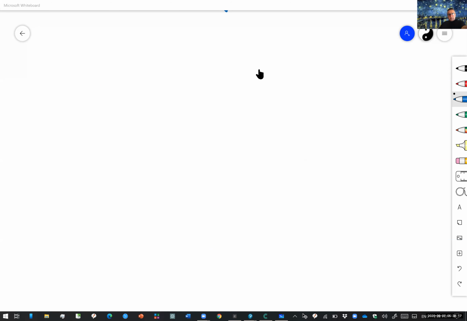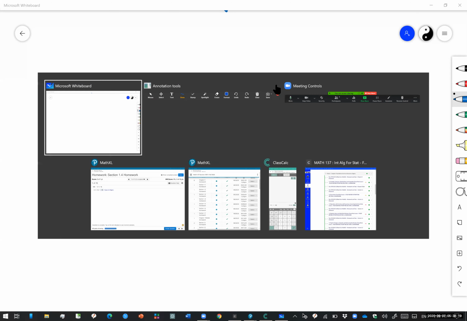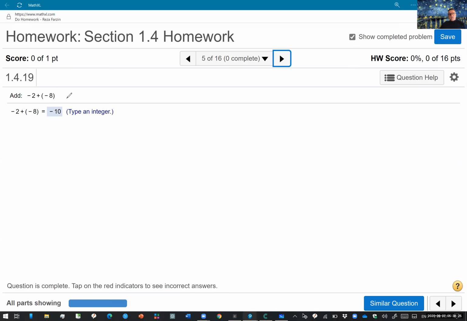All right, let's go back to here. Now it should look real easy to you, does it? Let's get rid of the parentheses. We have negative 2 minus negative plus negative 8.